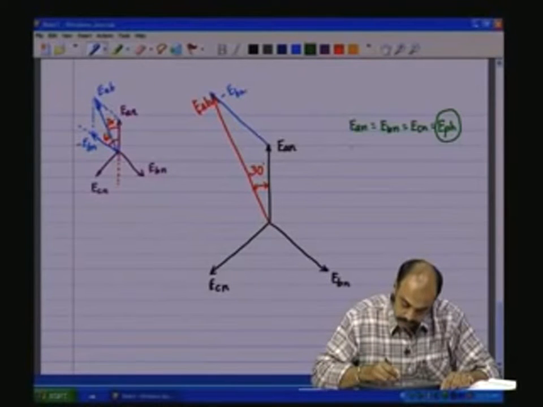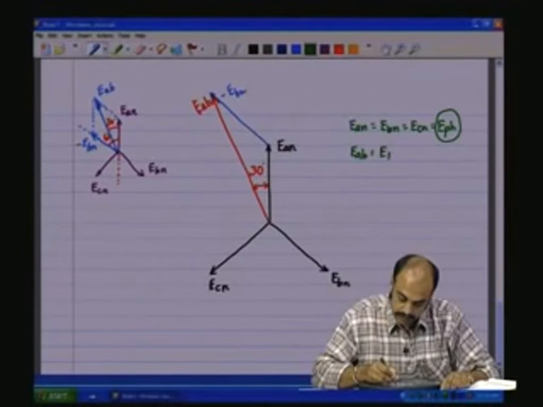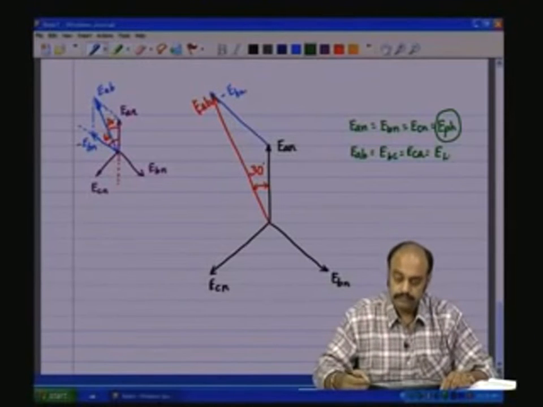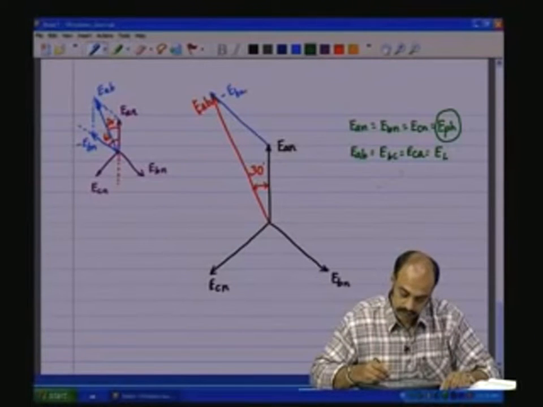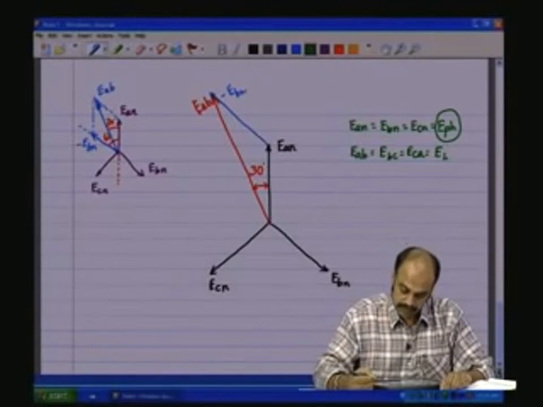Likewise, EAB amplitude will be equal to EBC amplitude will be equal to ECA amplitude. We will call this one E line. So, EL is the line voltage.